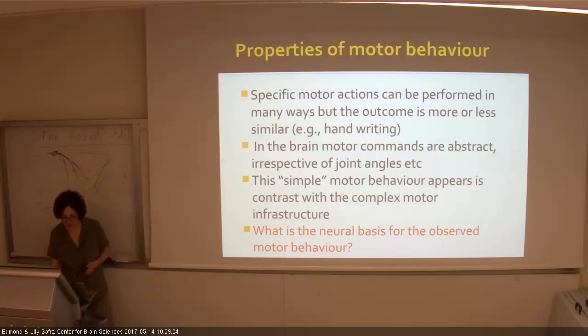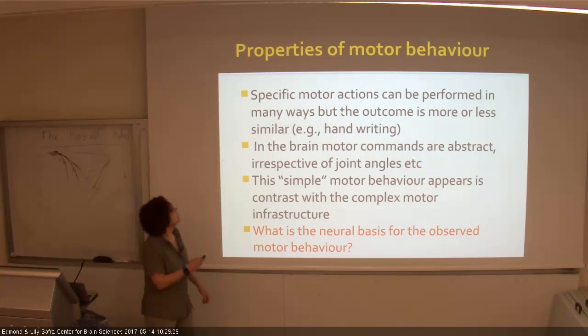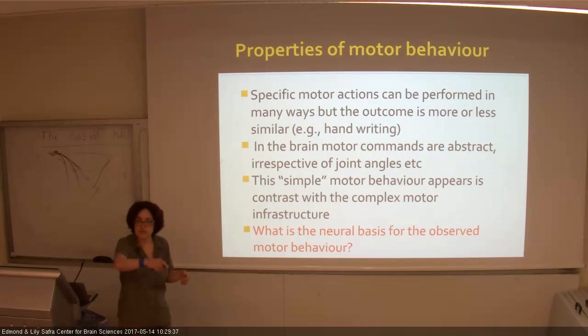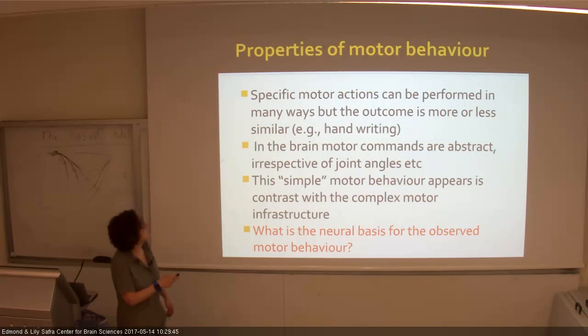So the system adapts rapidly, and we can say that specific motor actions can be performed in many ways, but the outcome is more or less similar: handwriting, but also the ballistic movement, which takes roughly the same time independent of the amplitude.